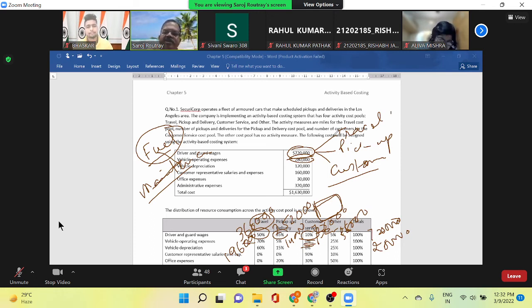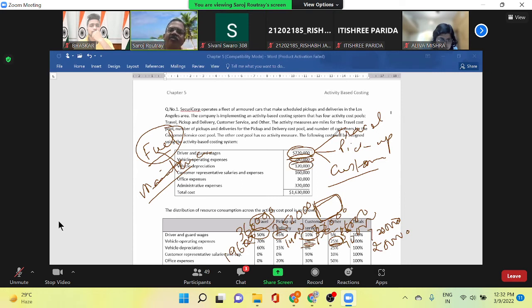Petrol expenses 0% for customer service. 25% because this vehicle is also used or kept at the depot, and from the depot it comes to the office, and there 25% maintenance and fuel expenses are incurred. So 70,000.